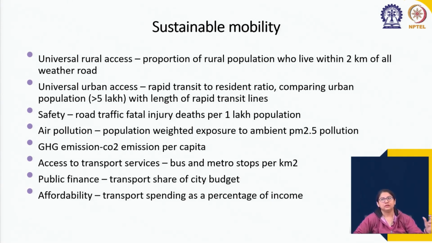We also look into pollution, air pollution, particularly population weighted exposure to ambient PM 2.5 pollution levels, GHG emissions per capita or carbon dioxide emissions per capita, access to transport services, which is measured in terms of bus and metro stops per square kilometer, and public finance or the transport share of a city's budget, and affordability, which is measured by looking into the percentage of household expenditure in relation to transportation as compared to its income.